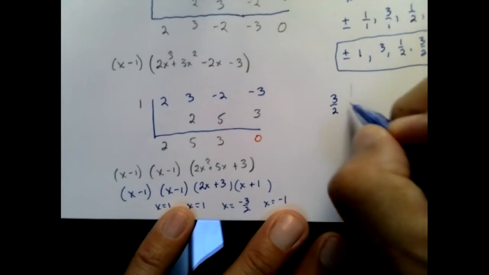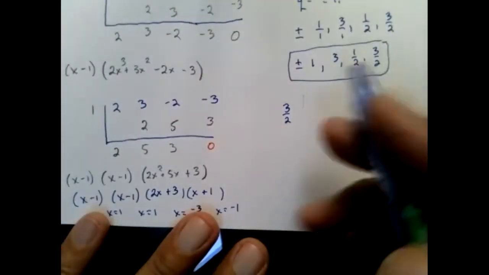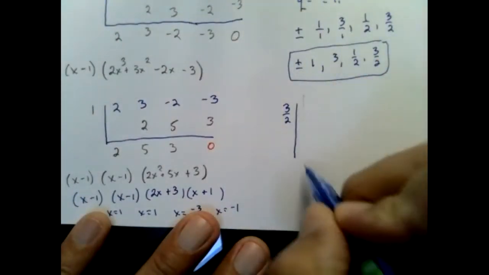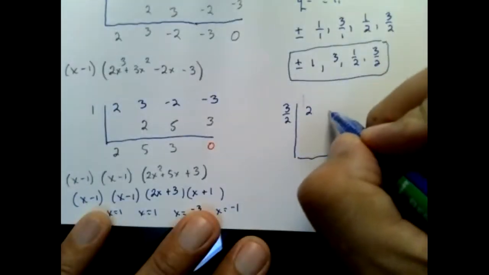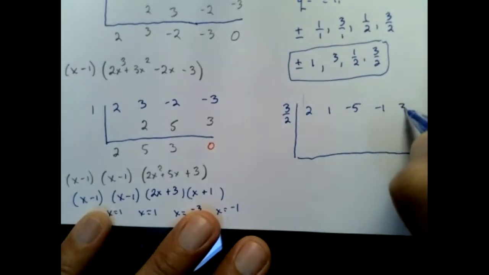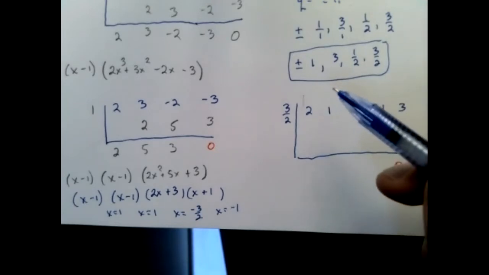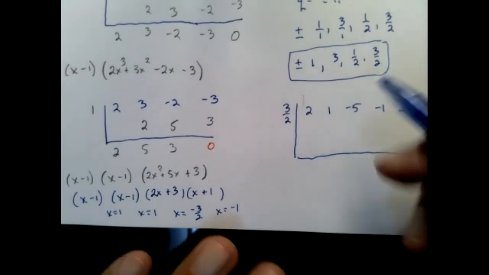Had I chosen 3/2, which was one of my good guesses over here, and I plugged that into this synthetic division when I first started, 2, 1, negative 5, negative 1, 3. I know this is going to end up being a 0. All right, I'm doing it in pen, so there's no going back.